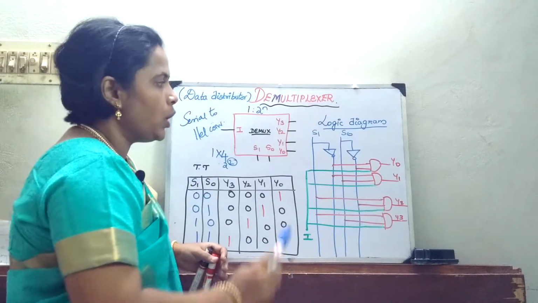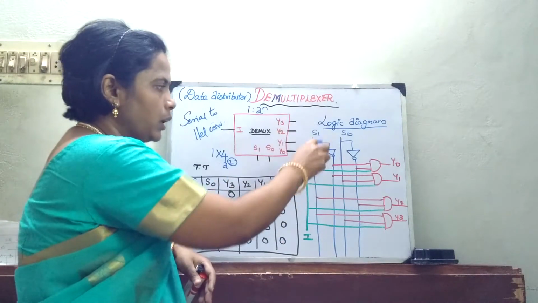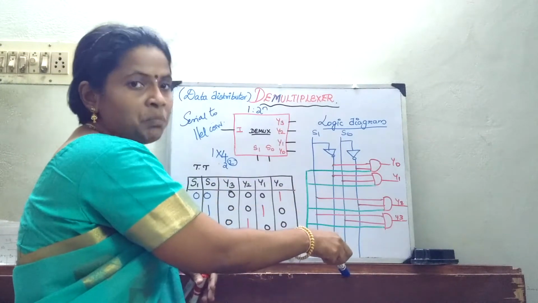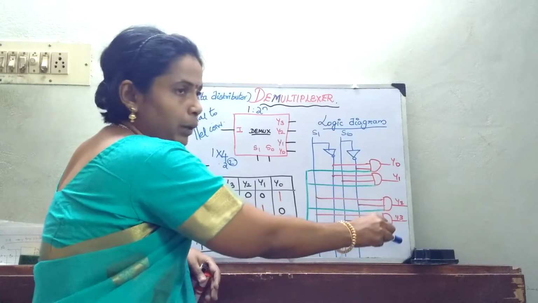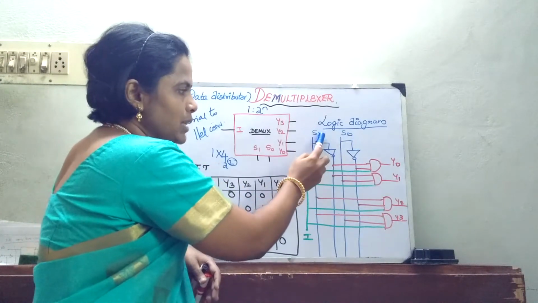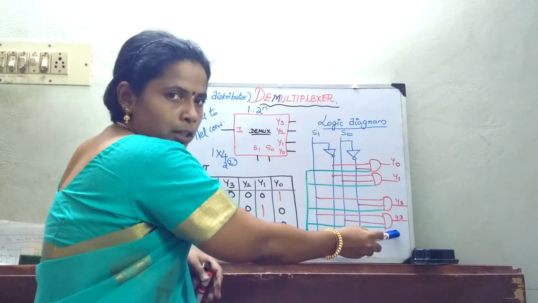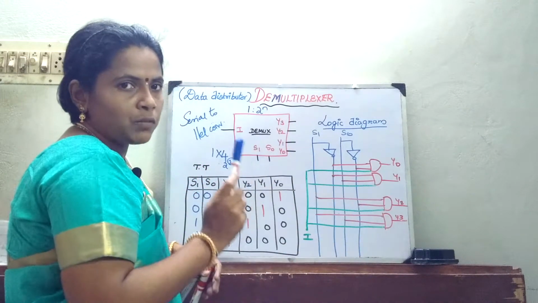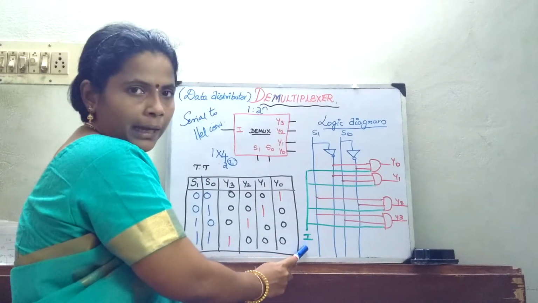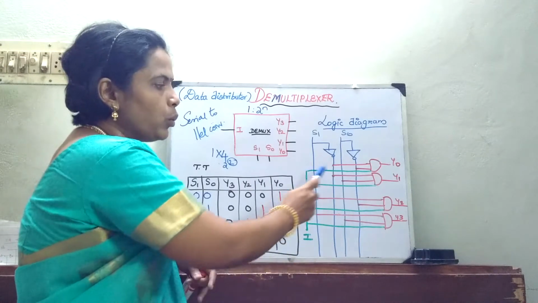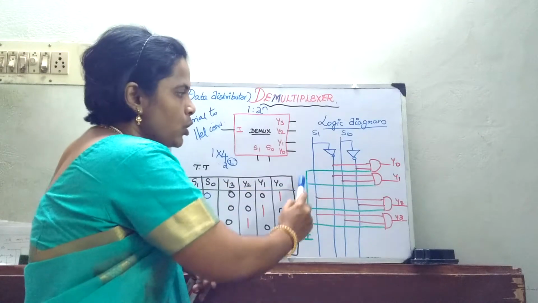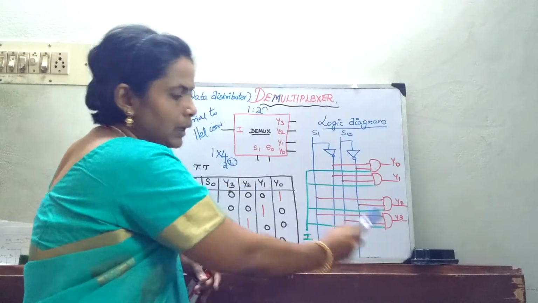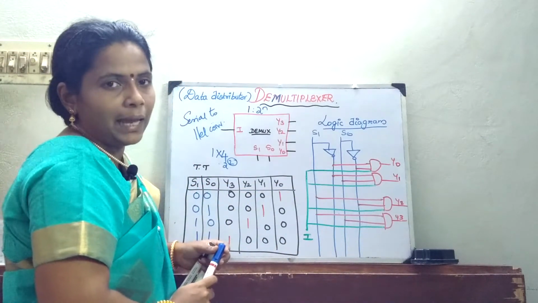So whatever your inputs are, draw the circuit diagram accordingly, and for your outputs draw the AND gates and keep them ready. So the input, the select lines and the outputs have been done. Now the only connection left out is your input I. This I is going to be routed out through whichever channel is activated depending upon your select lines. So from I you have to give it to all the AND gates.